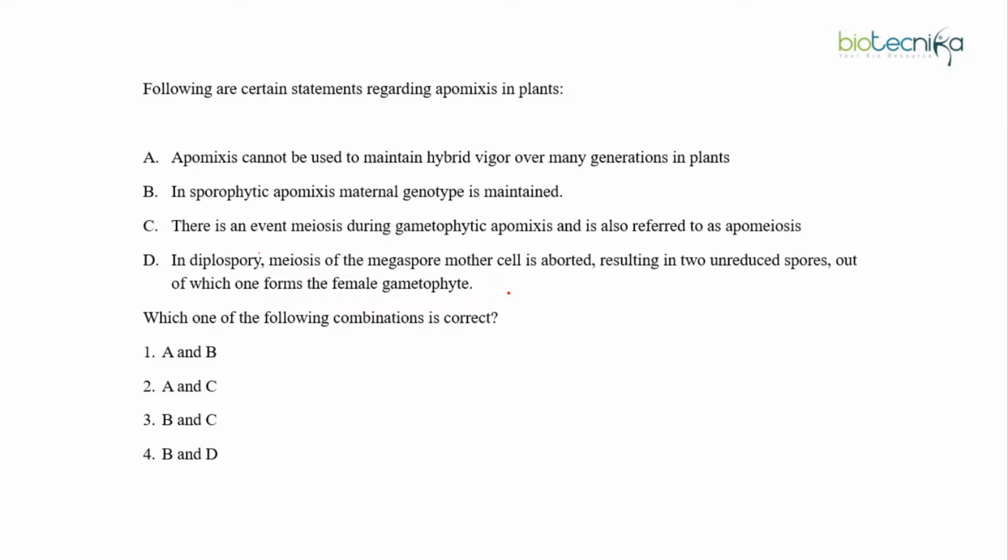So it's a totally theoretical question. So apomixis is basically an asexual development of seed or embryo without fertilization, right? So we are saying asexual.